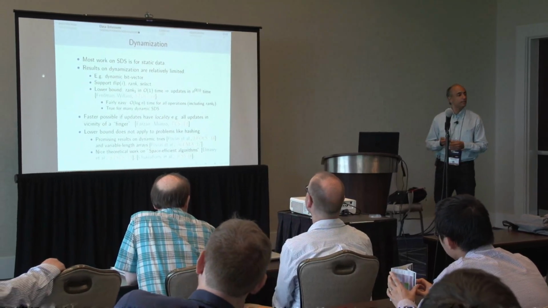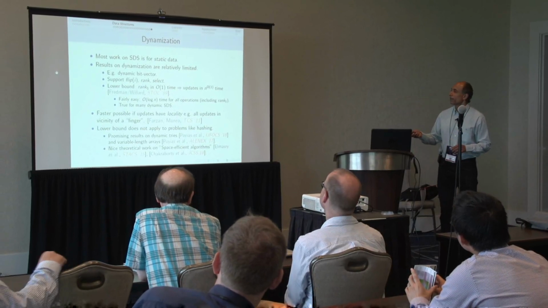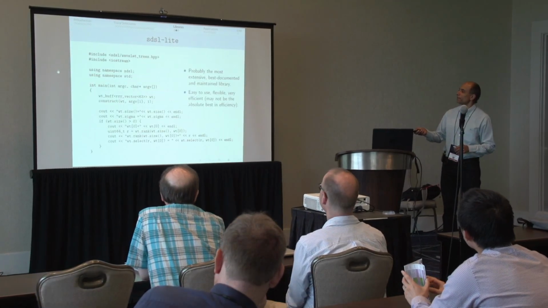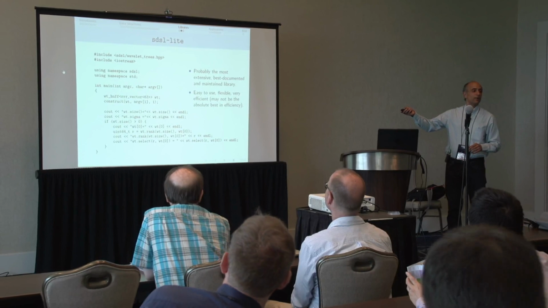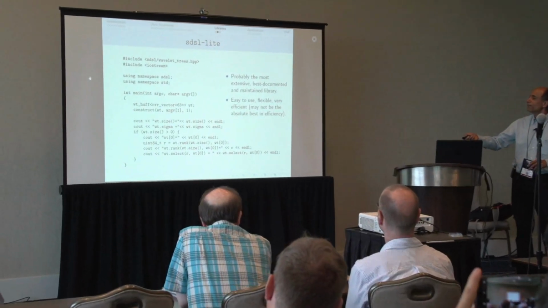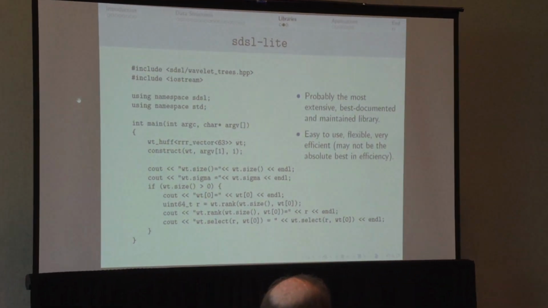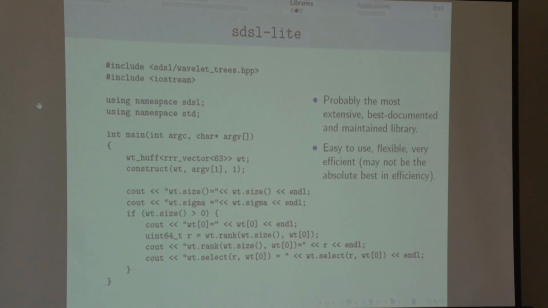Okay, great. So I'm again a little bit short of time, so I'll tell you that there are libraries. This is the library of choice, SDSL Lite. It's one of the better ones. It's not super fast, but using SDSL Lite, I'm going to give you some applications at the end of this.